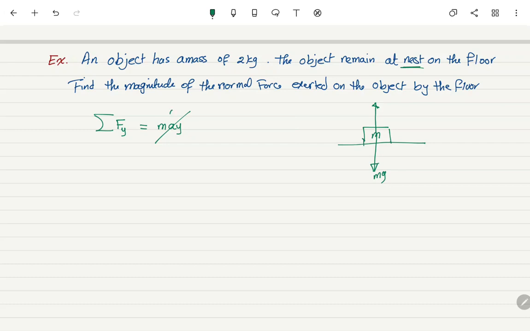So this equals 0. Normal minus mg equals 0, which means normal equals mg. By substituting 2 multiplied by 10, since g is 9.8 but in this case we can take it as 10, it equals 20 newtons.